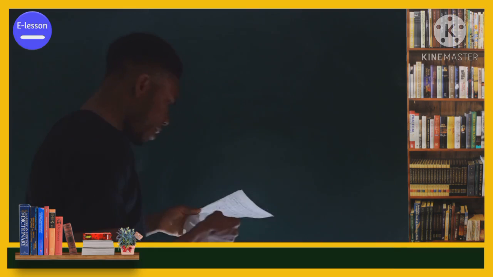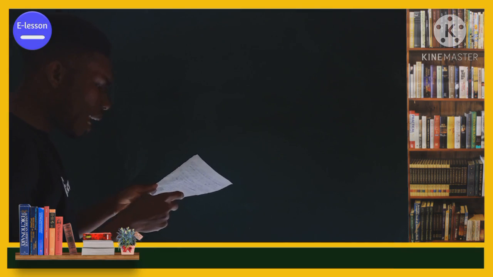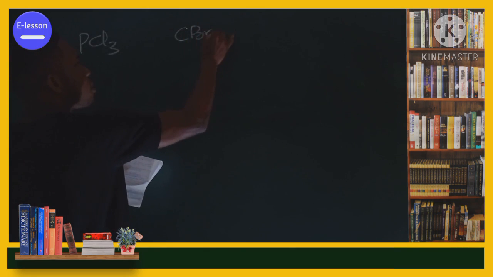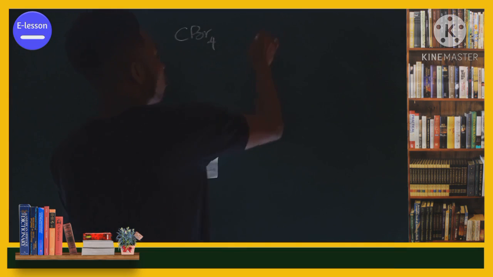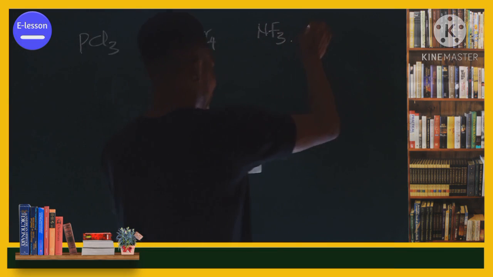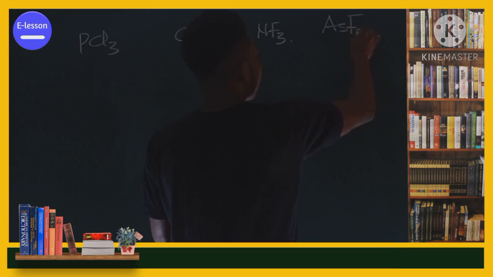The next question says, which of the following elements violates the Octet rule? We have PCl3, then we have CbRO4, and then we have NF3, and the last one is AsF5.